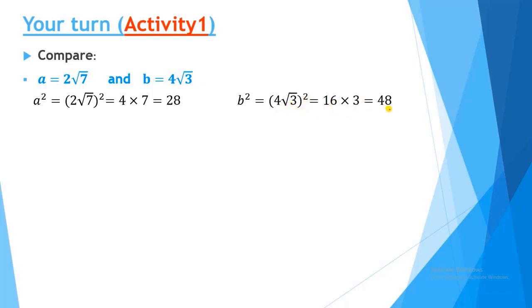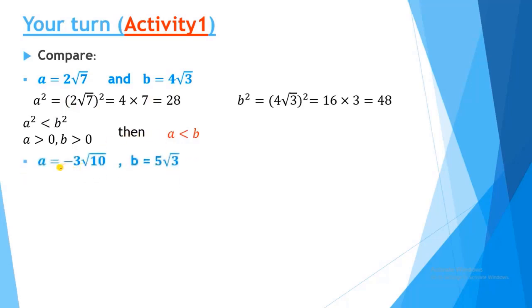The result is 48. According to the previous rules, if we have two positive numbers and A squared is less than B squared, then A will be less than B, like this sign when we have positive numbers.